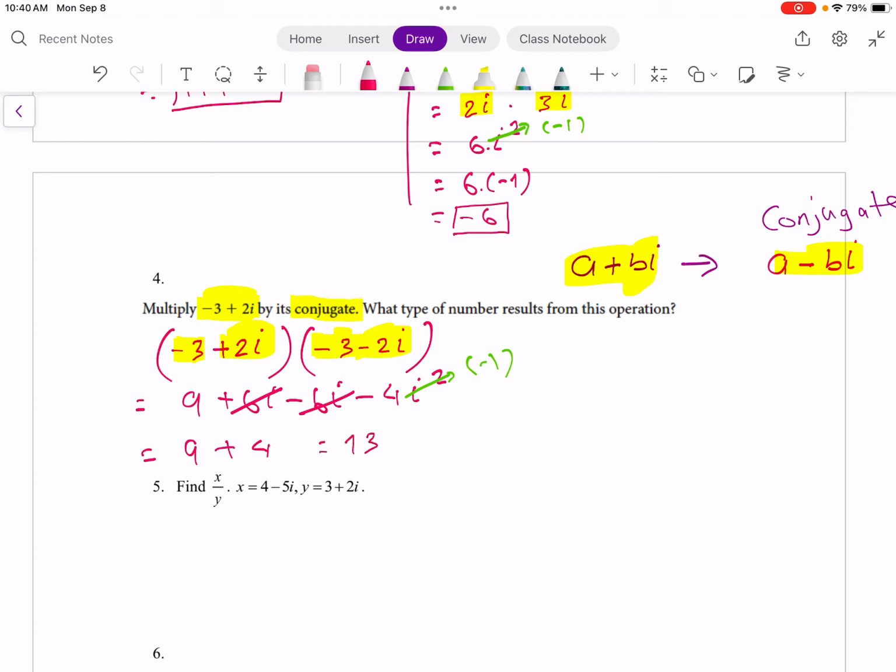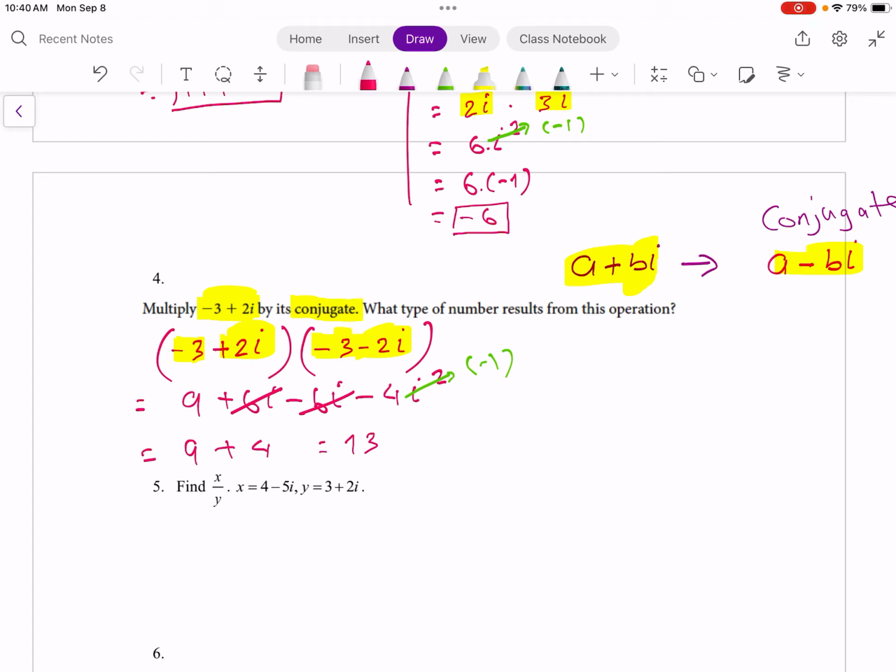Okay. Now, what we did here, we multiplied a complex number by its conjugate, right? And after multiplying a complex number by its conjugate, what type of number did we get here? A real number, right? So here we can make a general statement. Every time you multiply a complex number by its conjugate, we always get a real number.